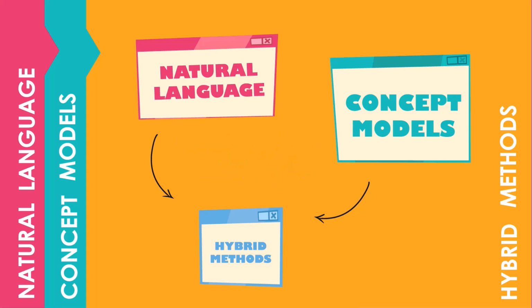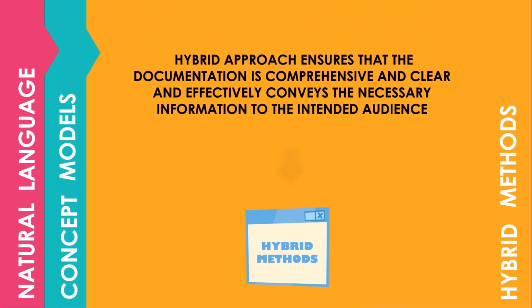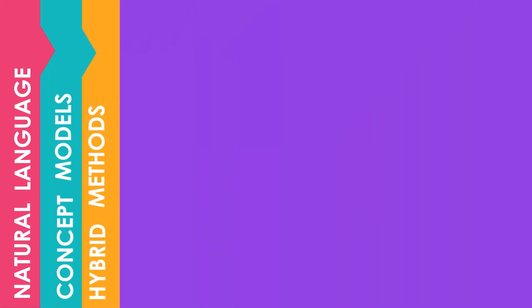Natural language comments can improve models with additional context. In contrast, natural language requirements and glossaries can be summarized using models. This hybrid approach ensures that the documentation is comprehensive and clear, and effectively conveys the necessary information to the intended audience.